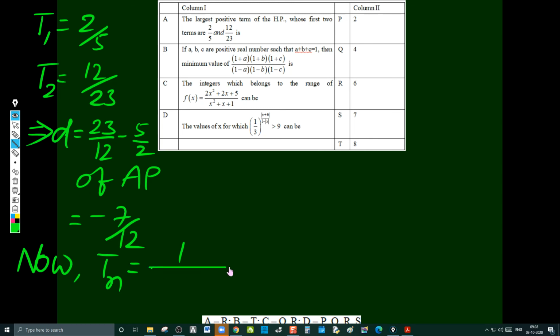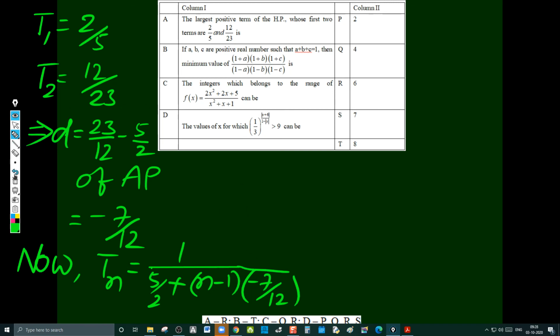That is why I'm writing the reciprocal. A plus n minus 1 into D I'm applying. That is 5 by 2 plus n minus 1 into D. D is minus 7 by 12. This is what you have to observe.